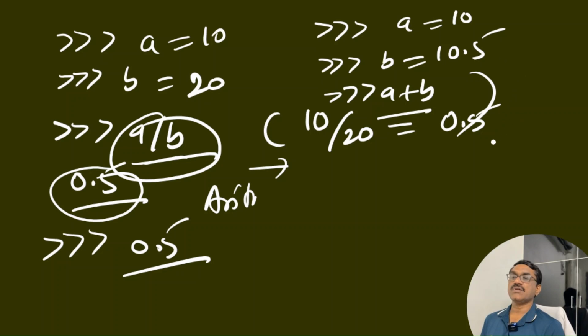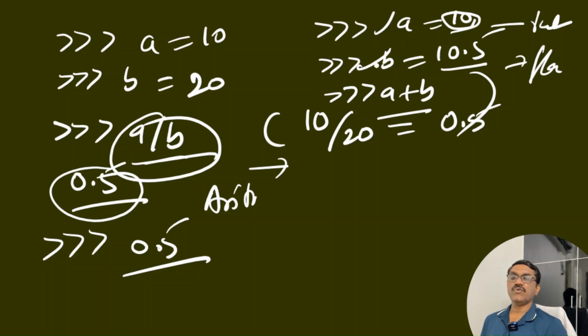See, A, 10, is an integer and B is a float value. We have different objects: one is an integer object, another is a floating point object. Can you add two different objects? It's better to add the same kind of objects, right? Here A is an integer object, B is a floating point object.